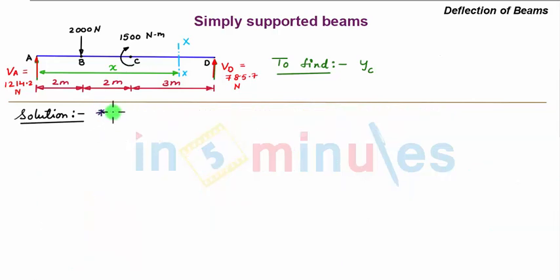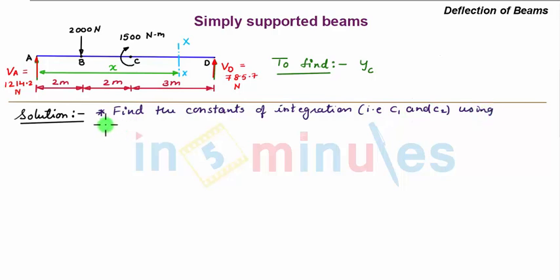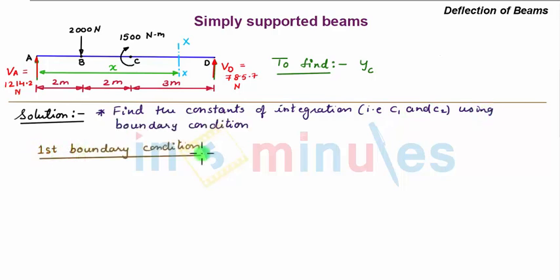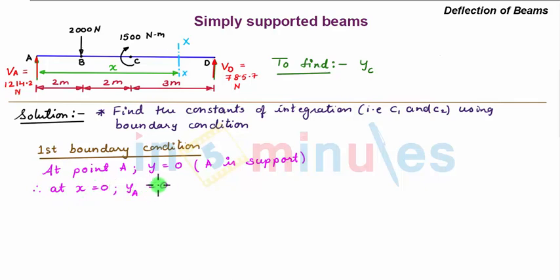Our next step is to find the constants of integration, that is C1 and C2, using boundary conditions. So we apply the first boundary condition. Now we see that at point A your deflection is 0, since point A is support. So we can write at x is equal to 0, YA is equal to 0.